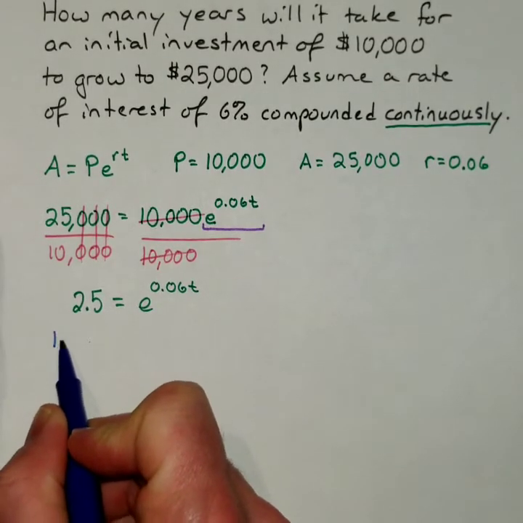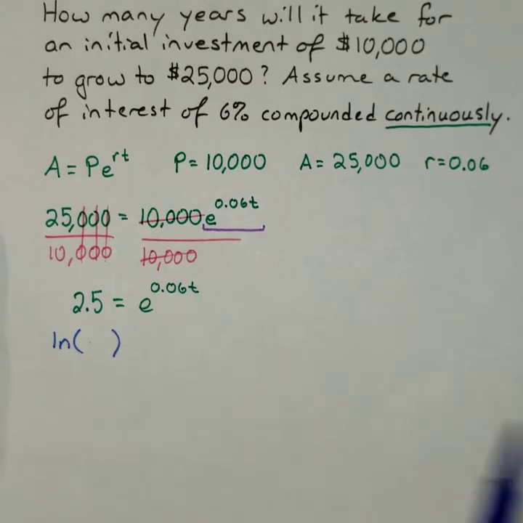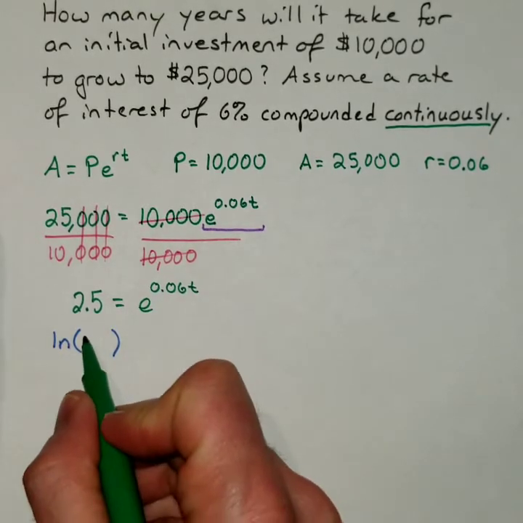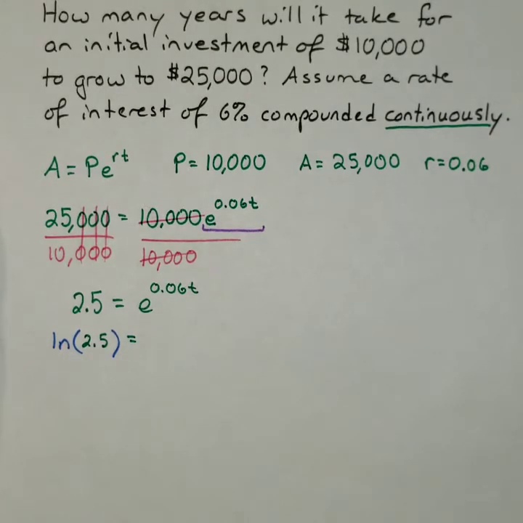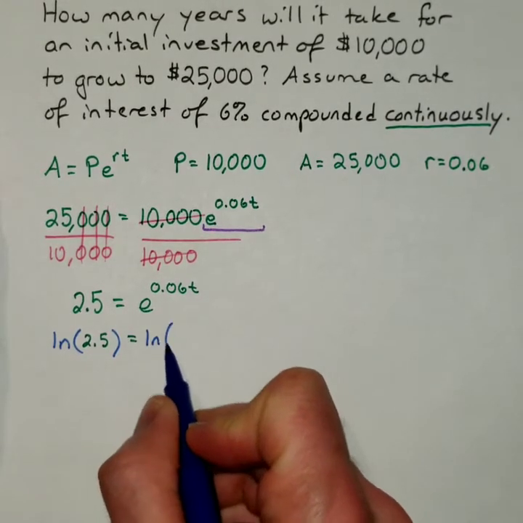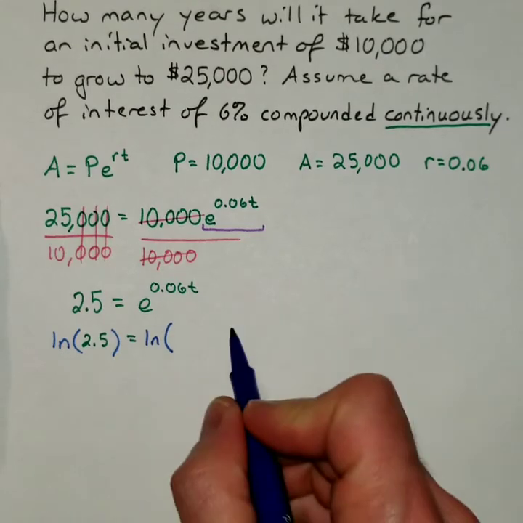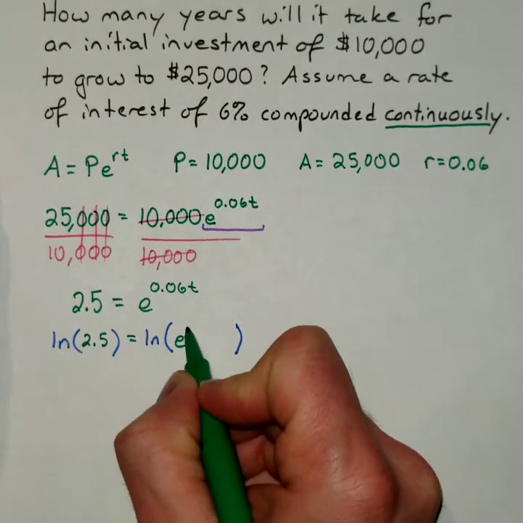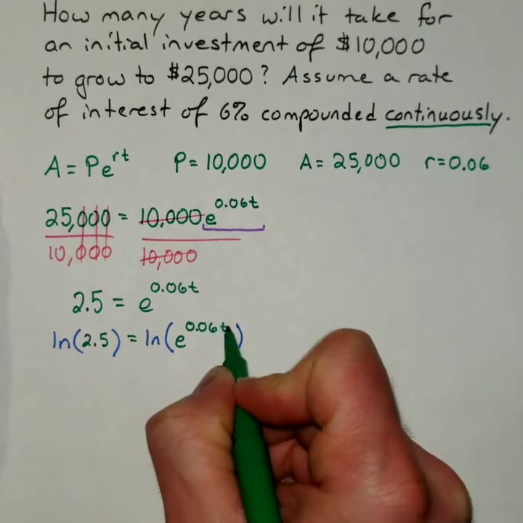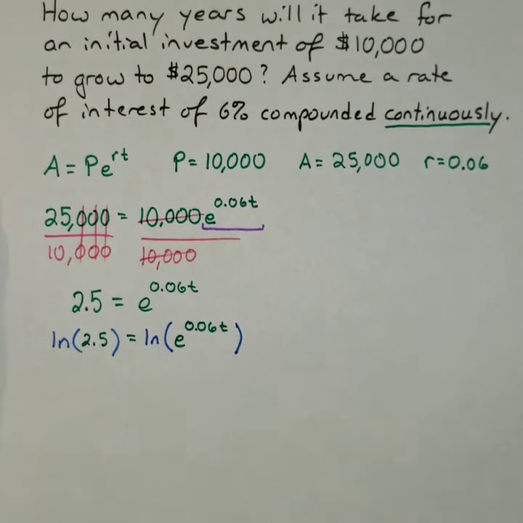Let's go with the natural log of 2.5, and that is going to equal the natural log of e to the 0.06t. So I'm taking the natural log of both sides.